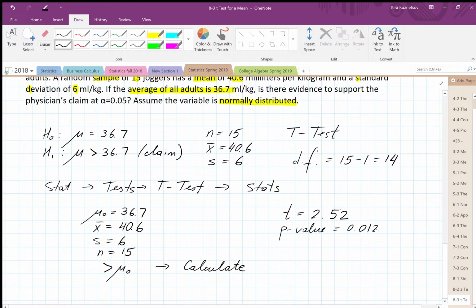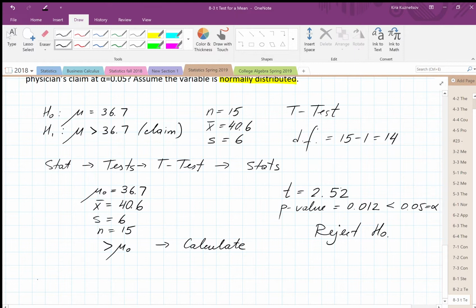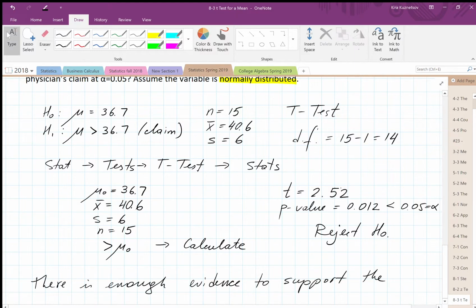And now you can compare this to an alpha that is given to me at 0.05 within the problem. If p-value is less than alpha, you can reject the null hypothesis, saying there is enough evidence to support the physician's claim.